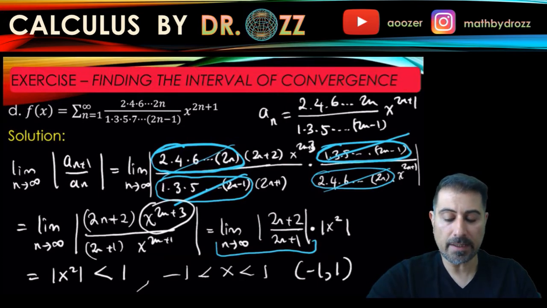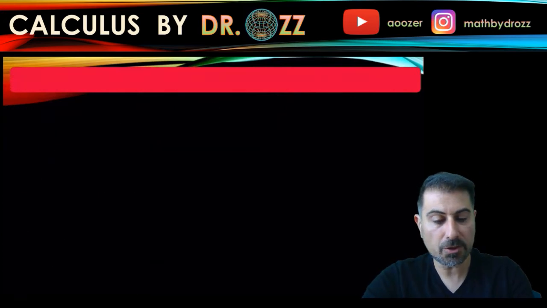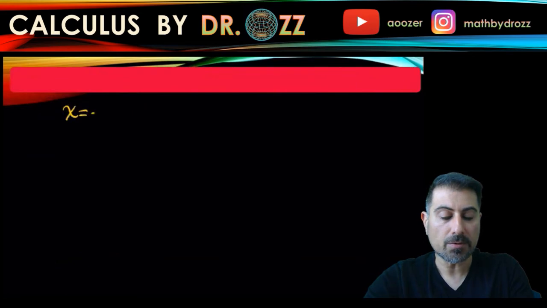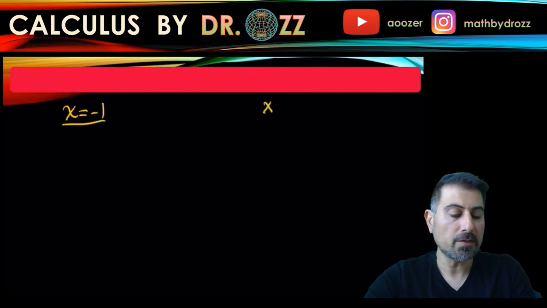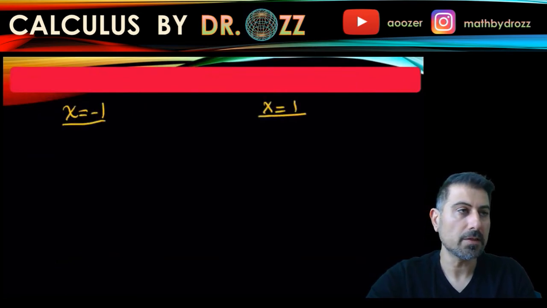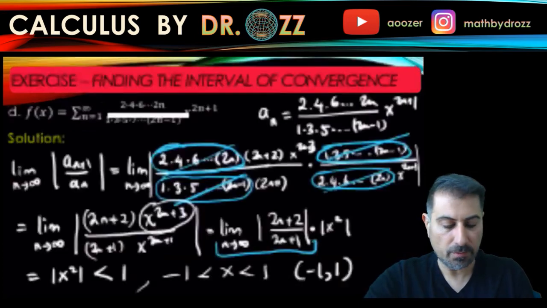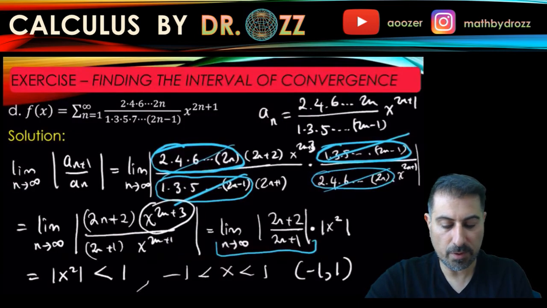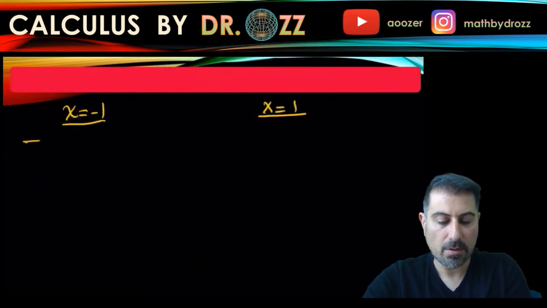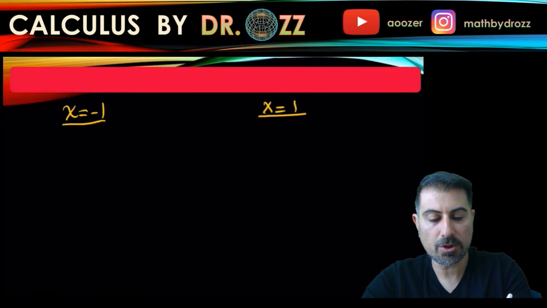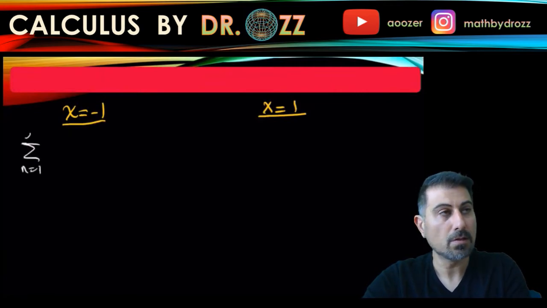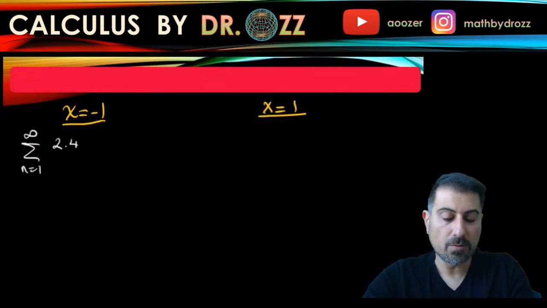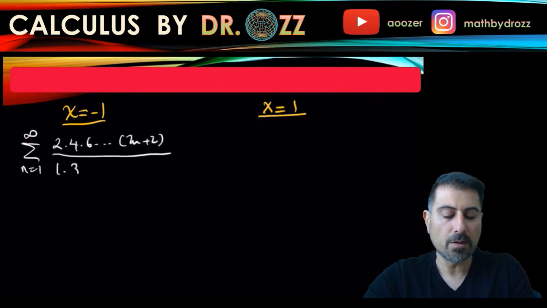So we've got to analyze this at the endpoints. So let me just write here x equals negative 1, and then let's write here x equals 1. So what happens if x equals negative 1? Okay, so it's the whole chunk here. 2, 4, 6, 2n plus 2, and then 1, 3, 5.